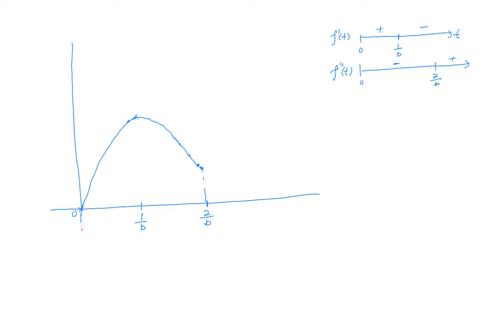After this point, it continues with concave upward, and it will not reach 0, because as t approaches infinity, e to the power of negative bt approaches where?